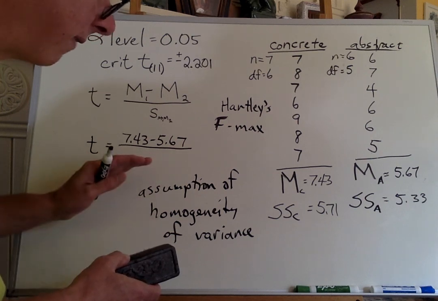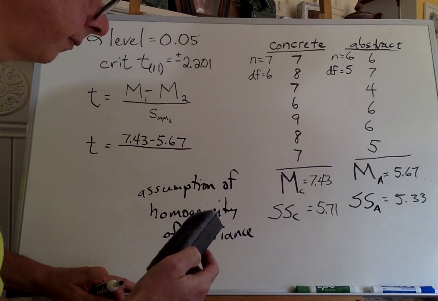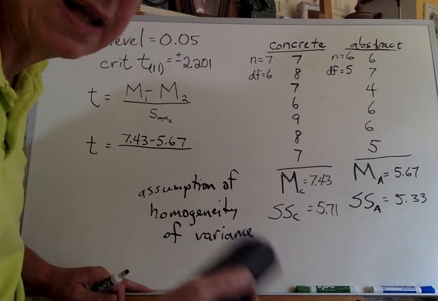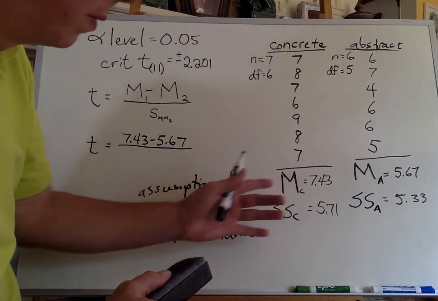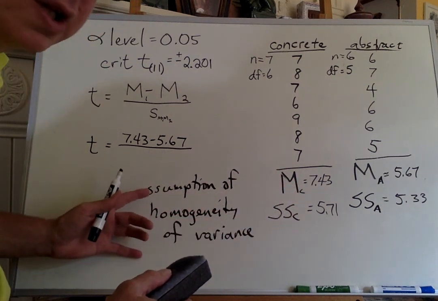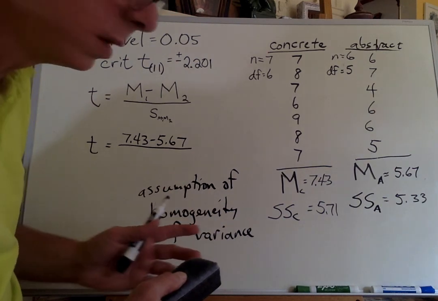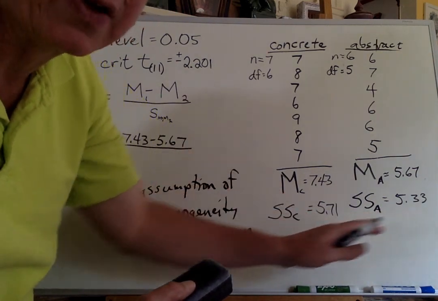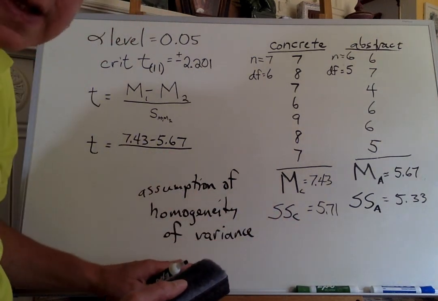We won't need to do this for right now. And by the way, mathematicians usually refer to this, when we're doing this research stuff, this assumption is typically what's called a robust assumption. In other words, you have to have really dramatically different variabilities to violate this assumption.